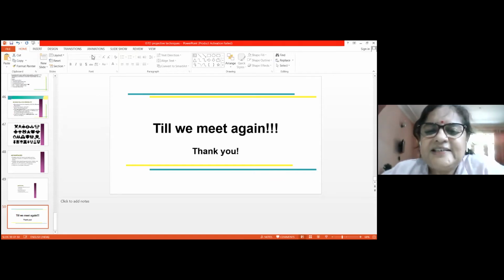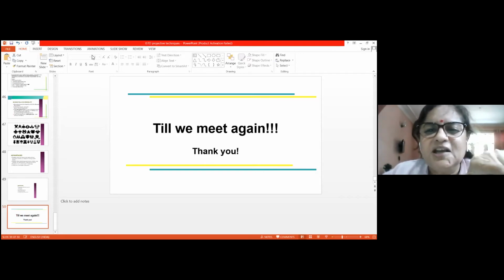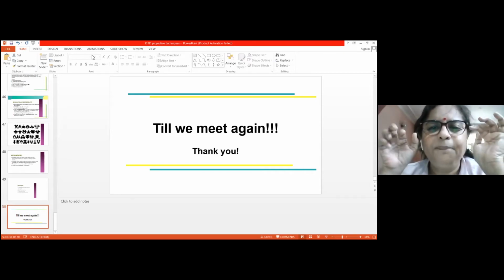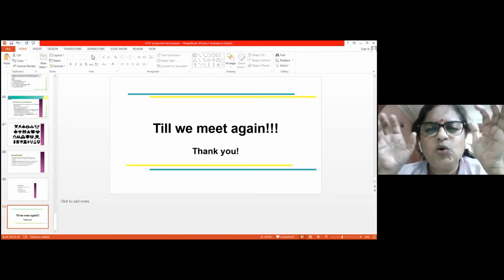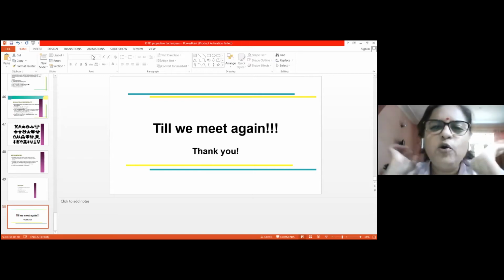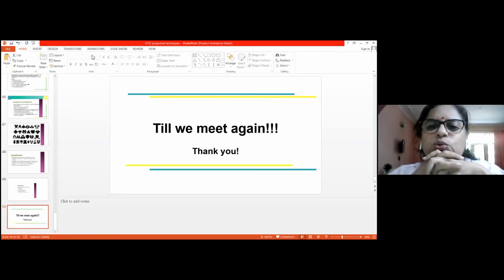So next time you are going to come for the session, and you will come prepared, because we are going to look at how to do simulation games and use them in our training. You have to make 20 pieces from newspaper or A4 size paper, if you have that, it's fine. Cut it neatly into 4 inch by 4 inch squares and keep 15 to 20 sheets ready with you.